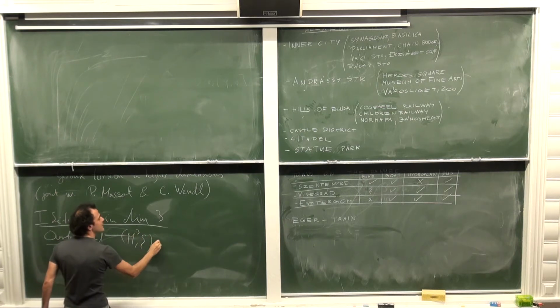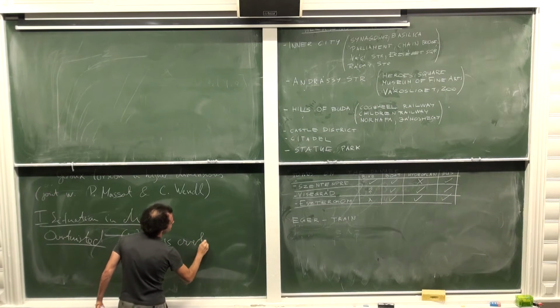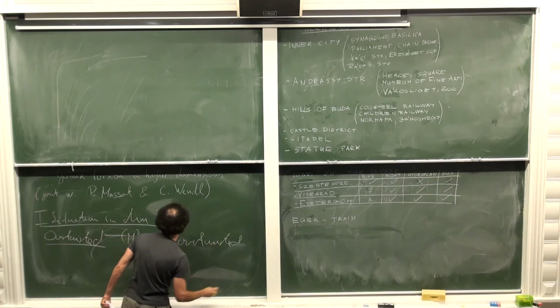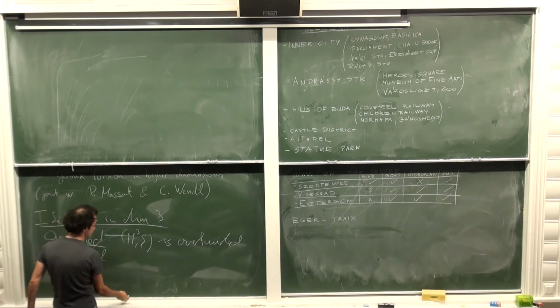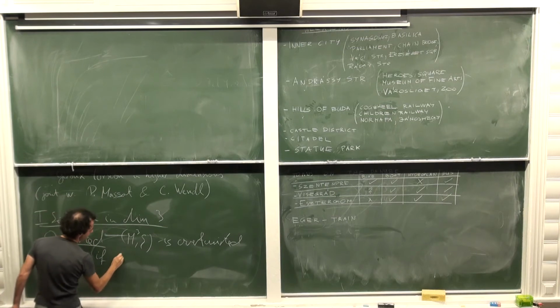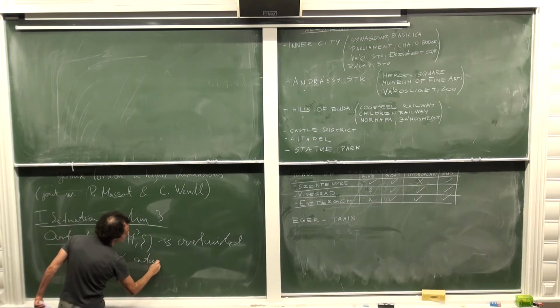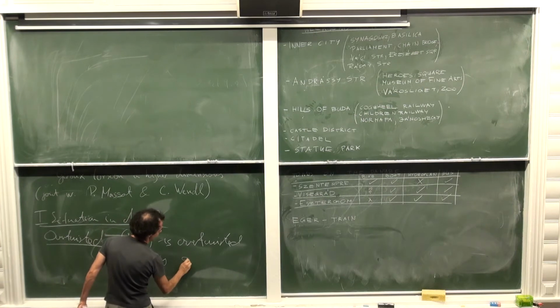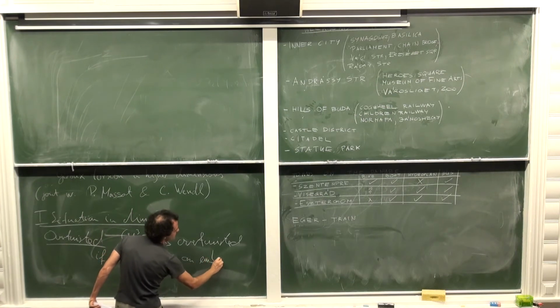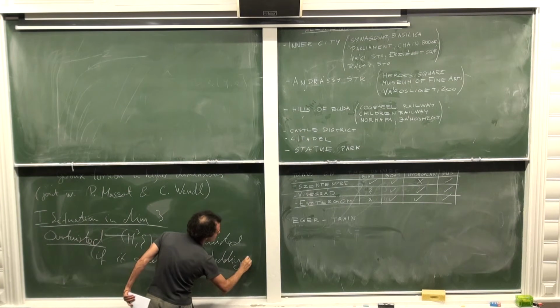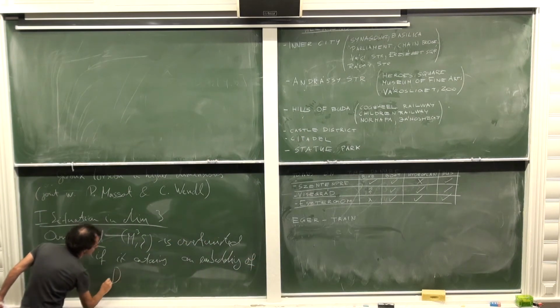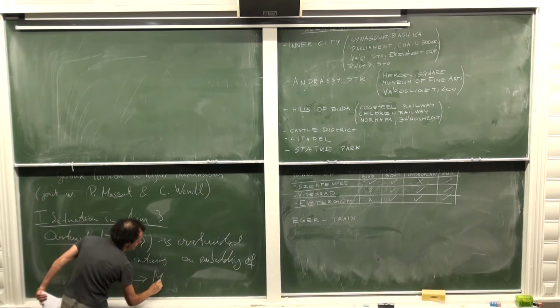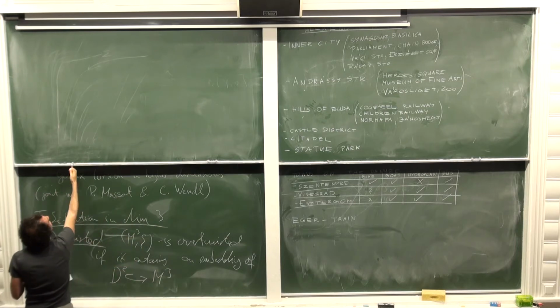is over-twisted if it contains an over-twisted disk. If it contains an embedding of a disk, so you take D2 embedded into M3.